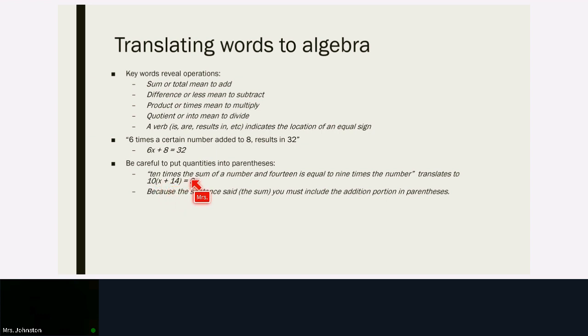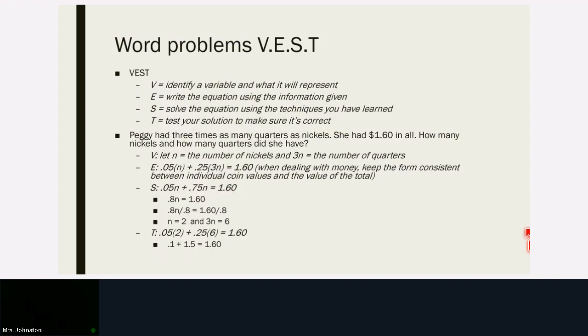A sum means it's going to have to be included in parentheses, a number and 14, x plus 14. Remember, the plus sign goes where the word and is. Is equal to is pretty easy translation, and then 9 times a number is 9x. Because this sentence said the sum, you must include the addition portion in parentheses.